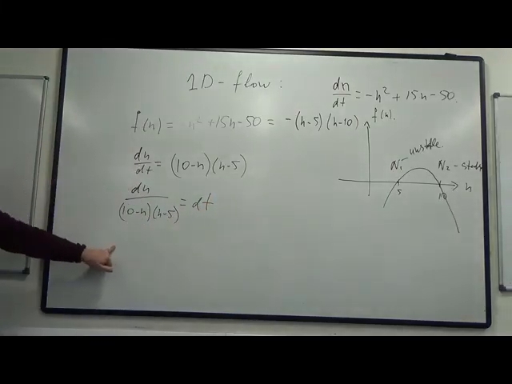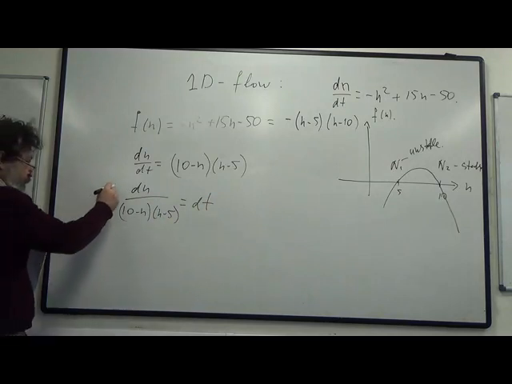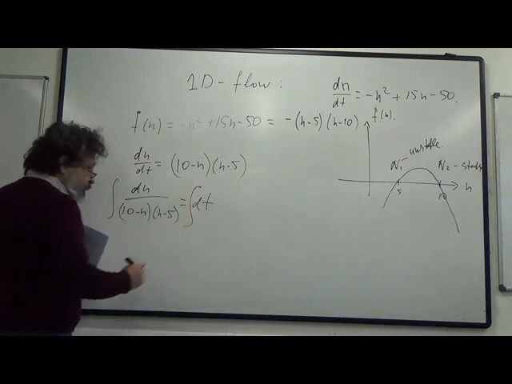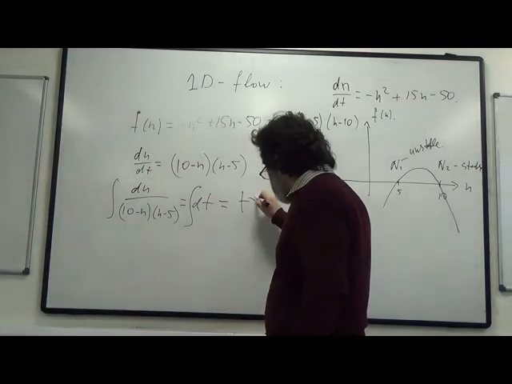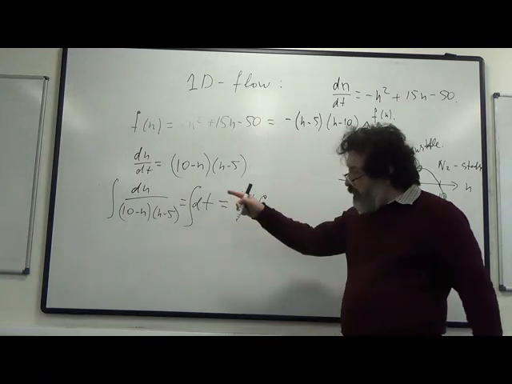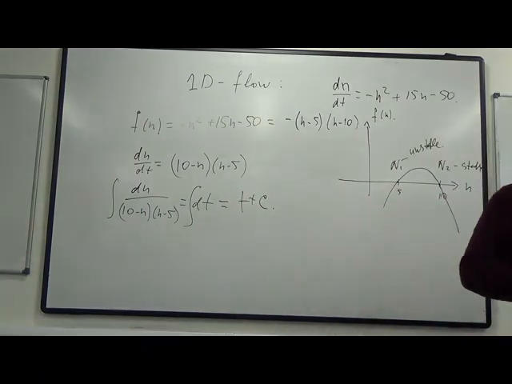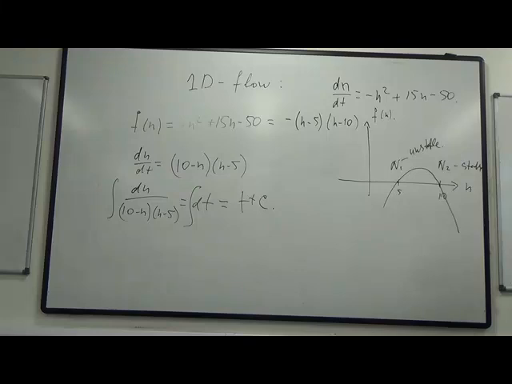Agreed? We separated variables. What do we do next, after separation of variables? Now we can integrate it. The integral of the right hand side is easy, it's t plus a constant. How do we integrate the left hand side? Tell me what technique you use. Anyone? How is it called?